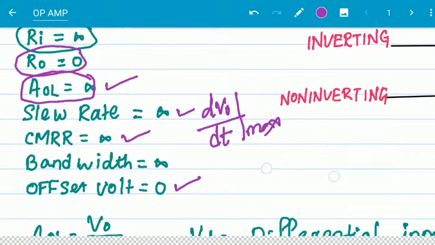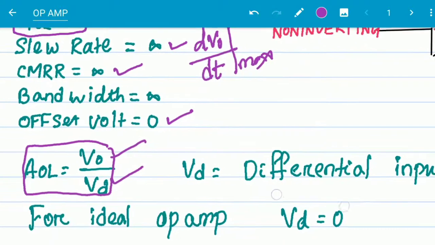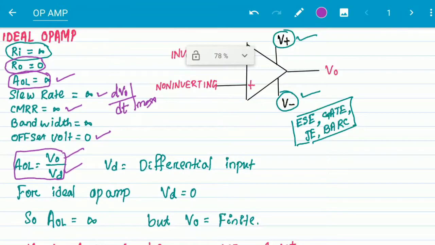And next comes what is AOL, that is open loop voltage gain. This is V0 by Vd, that is output voltage by differential voltage input. What is differential voltage input? This is V1 minus V2, that means the difference between the voltage applied at the inverting terminal and the non-inverting terminal.